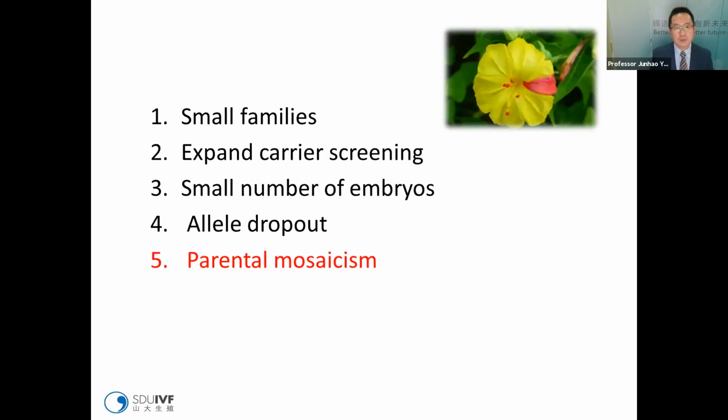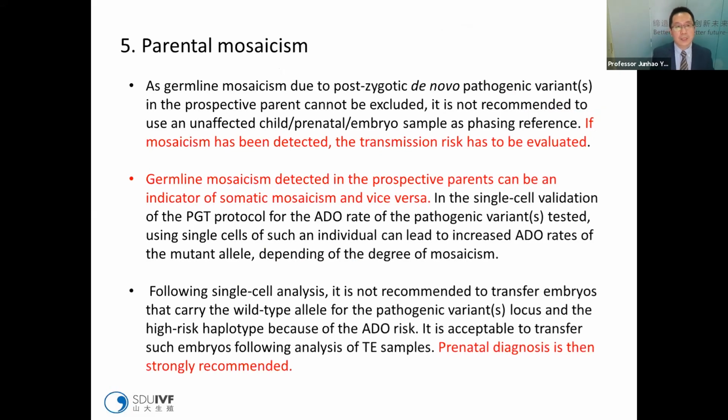The last pitfall is parental mosaicism. As generalized mosaicism due to post-zygotic de novo pathogenic variants in the prospective parent cannot be excluded, it is not recommended to use an unaffected child or prenatal embryo samples as a phasing reference.